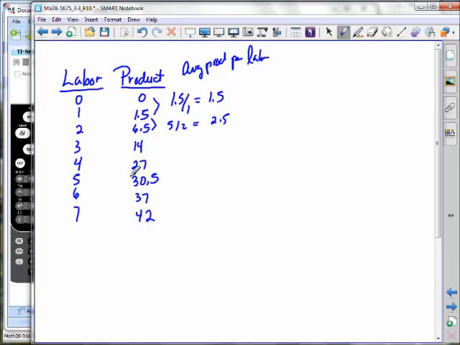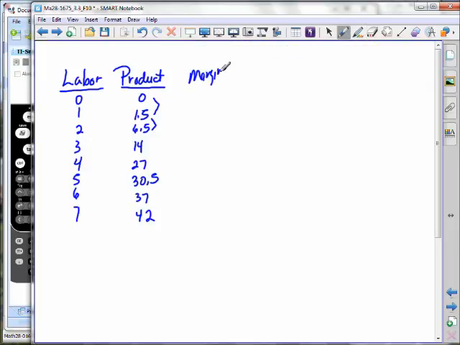Well, that's marginal product. Okay. So the first thing you showed me, the marginal product? Okay, that is the difference in how much output there is. So that would be 0. Okay.